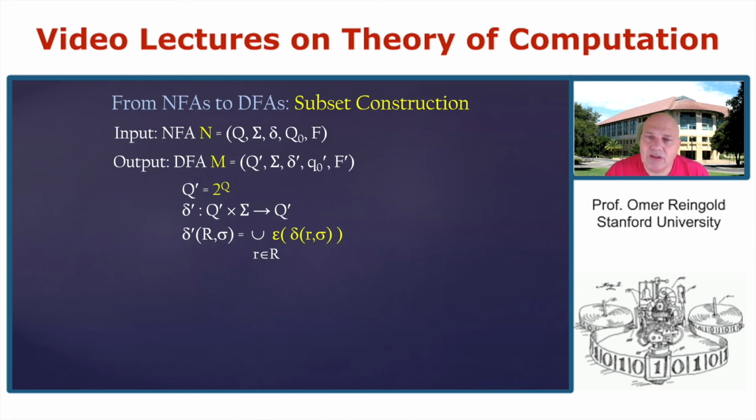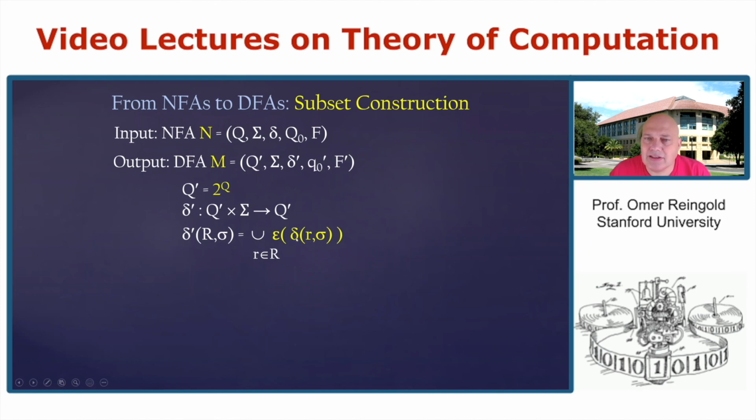Now, from each one of them, you're going to ask, what can I reach now that I'm taking a sigma step? So we're going to take the union over states r in R of the things you could reach from r with the step while reading sigma. So what are these things?